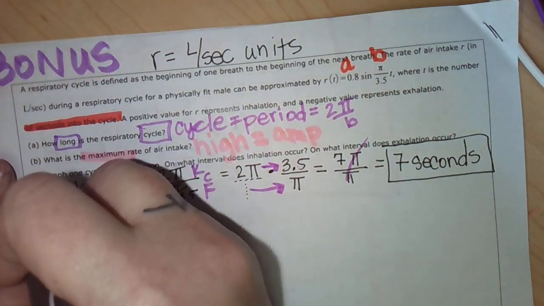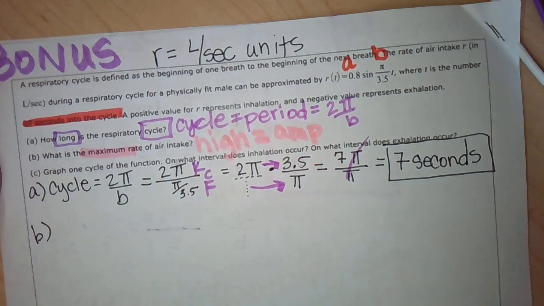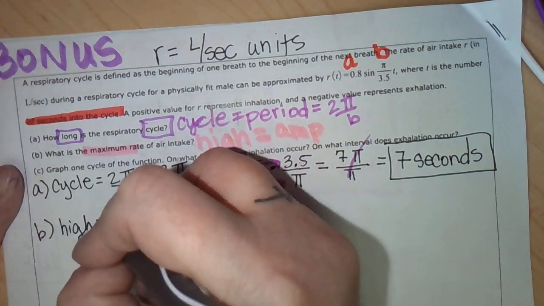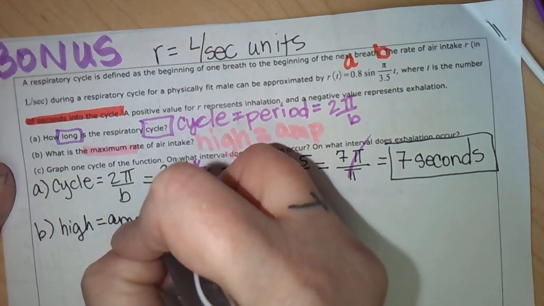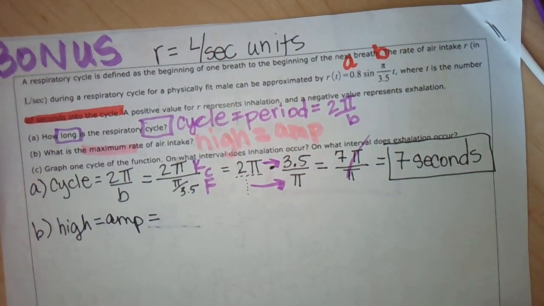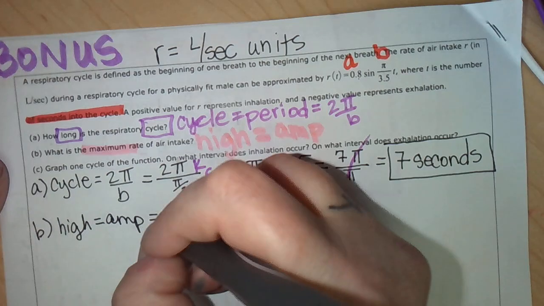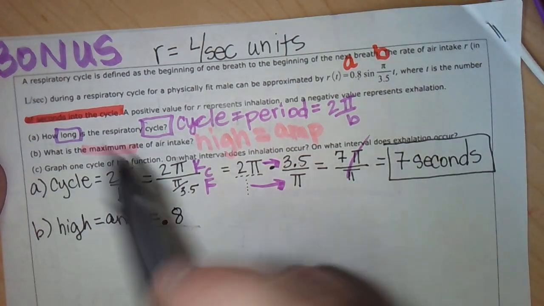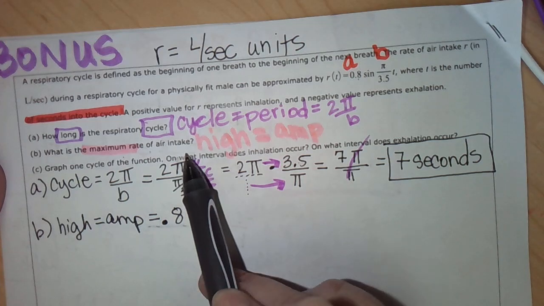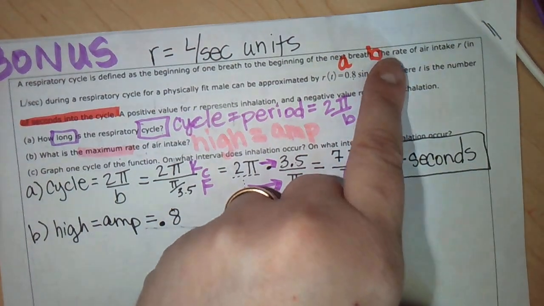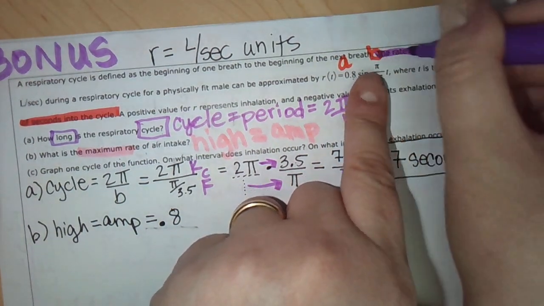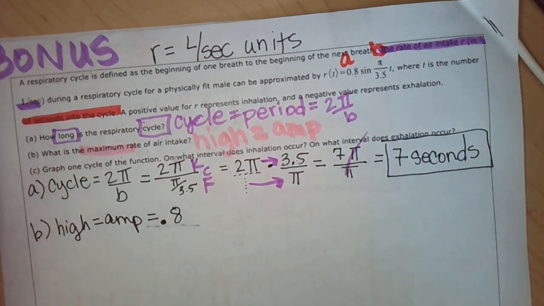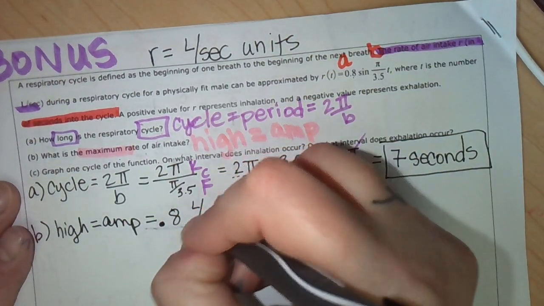Okay. B says maximum rate. Well, that's the highest spot, or the amplitude. And the amplitude is this 0.8. And the rate of air intake, up above here, we said the rate of air intake R in L over seconds. I think it means liters per second. I'm not sure.